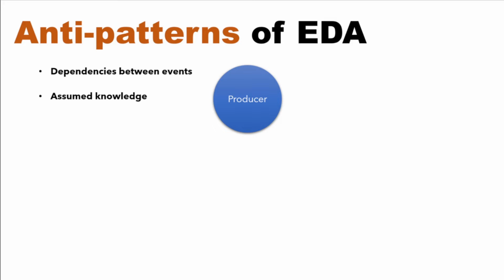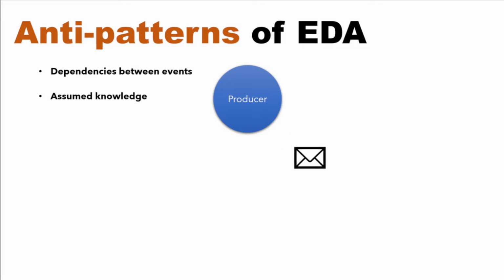Assumed knowledge is the idea that a producer should not know about who the consumers are and how they process the messages or the events that it produces. So events should be self-contained and sufficient for any type of consumer to understand what the event is.